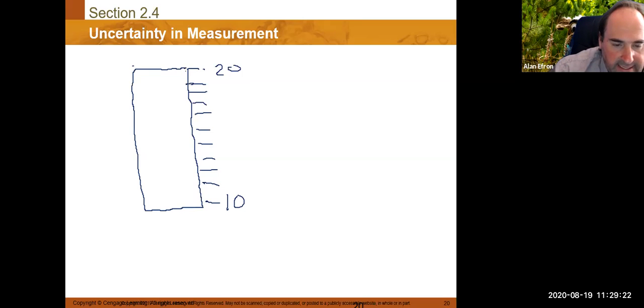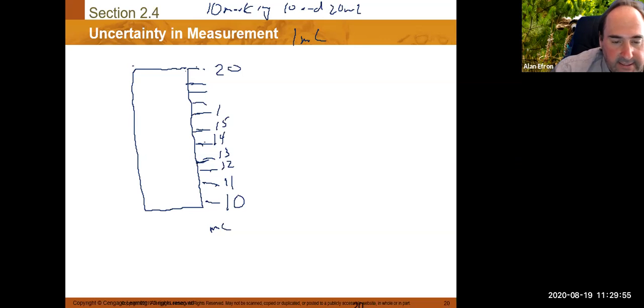You can imagine that's equally distanced. We'll call these milliliters. This is 10 milliliters, that's 20 milliliters. In between the 10 and the 20 there are 1, 2, 3, 4, 5, 6, 7, 8, 9, 10 markings. That means in this particular case, each of the smallest markings is 1 milliliter. This would be 11, this would be 12, 13, 14, 15, 16, 17, 18, 19, and so forth.